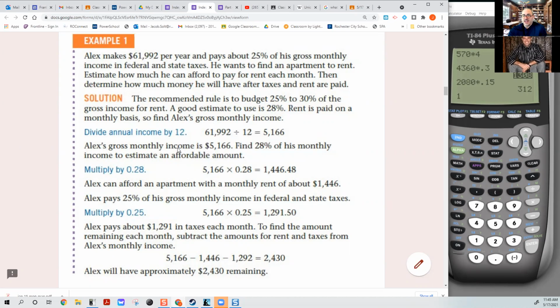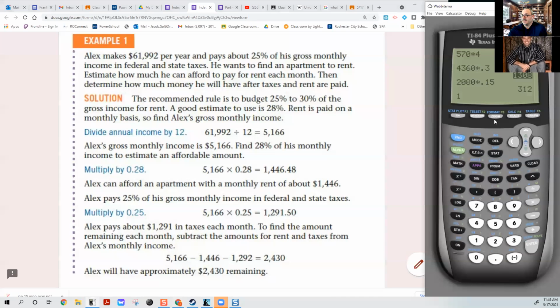So now that we know that he makes $5,166 per month, we're going to find out what 28% of his monthly income is to determine an affordable amount. They took 28%, that's a percentage out of 100, so they divided it by 100 to get 0.28.